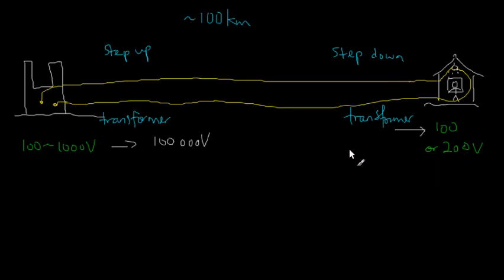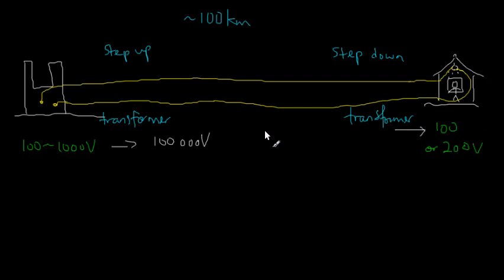Now that seems like a lot of hassle. Why would we want to step up to such a high voltage, which looks really dangerous? Take it all the way over that 100 kilometers. Surely, if someone touches it along the way, that would be very dangerous. And then why do we have to go through the trouble of changing it back to 100 volts?